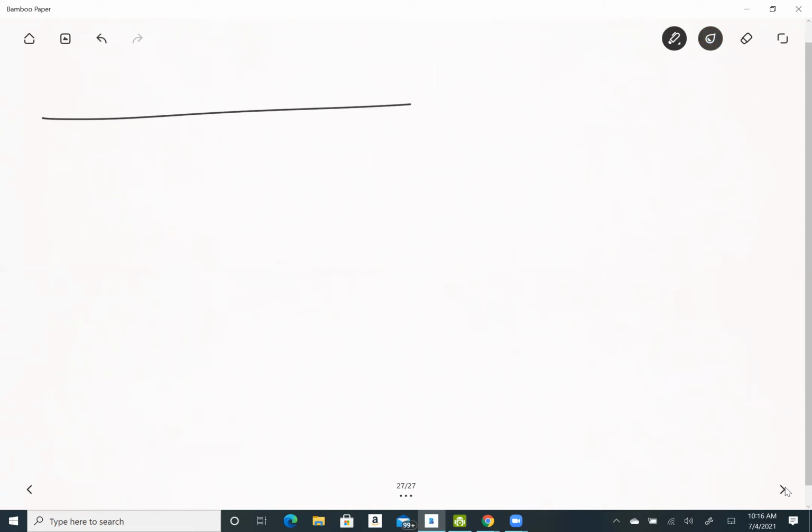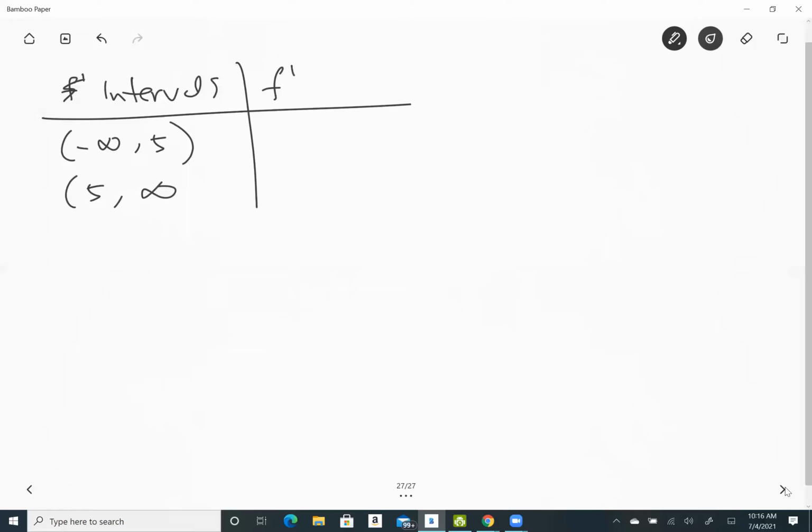Here are the intervals: negative infinity to 5, and the other interval is 5 to infinity. Then you look at the behavior of f prime, and then what happened to f.